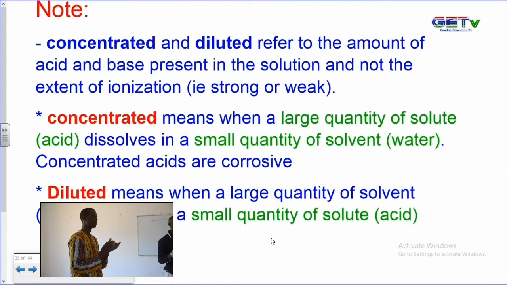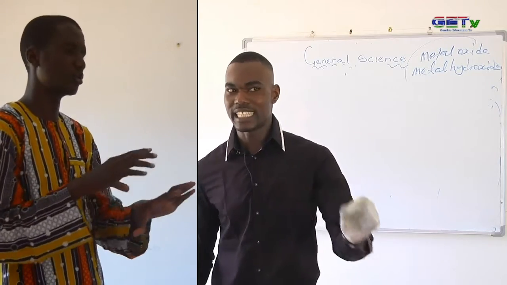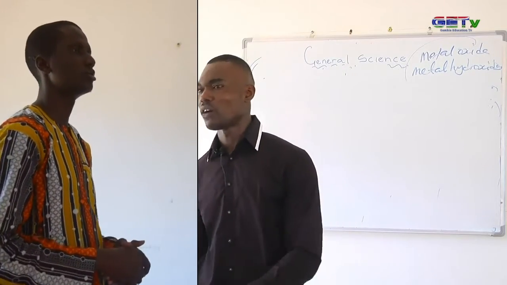Concentrated means what? A large quantity of solute, in this case the acid, dissolved in a small quantity of solvent, in this case water. Then you are going to have a concentrated solution. When you have large amount or quantity of the acid dissolved in small quantity of water, you will have a concentrated solution of the acid.